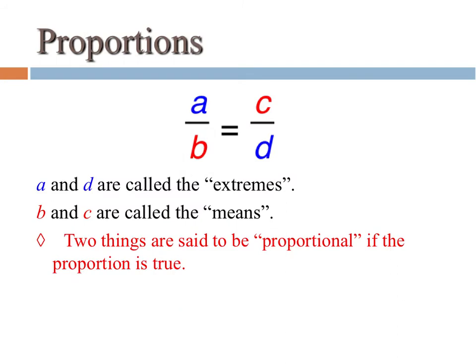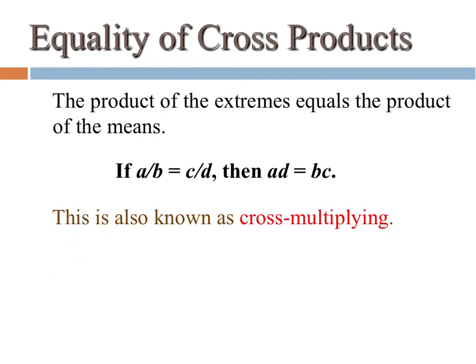All right, so more about proportions. When you have A over B equals C over D, then A and D are called the extremes. B and C are called the means. Two things are said to be proportional if the proportion is true. So here again, it just goes through that the product of the extremes is equal to the product of the means.